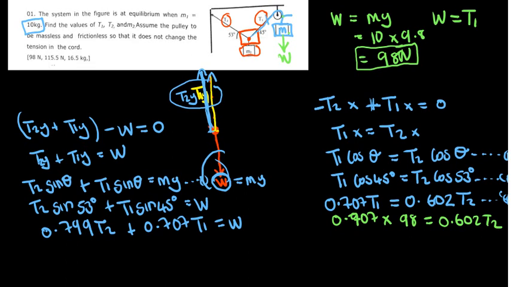The answer is 6.9286, is equal to 0.602 T2.